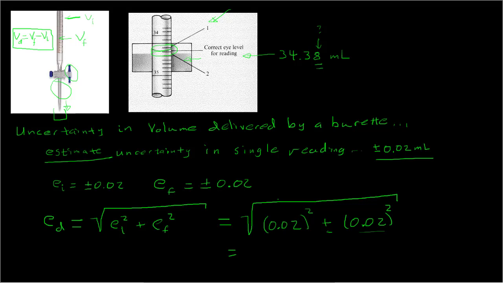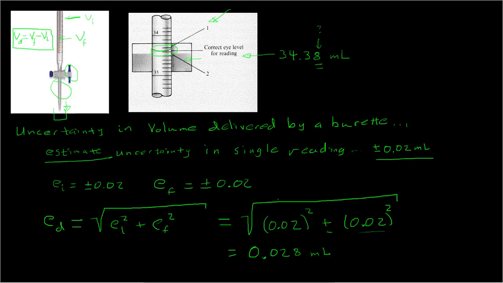So I type 0.02, square that, plus 0.02, square that, equals, and I get 8 times 10 to the negative 4th. Then I take the square root of that: second square root, second ANS, equals, and I get 0.028. There are more digits than that. And again, this is a volume measurement, so it has units. It's an absolute uncertainty of milliliters.